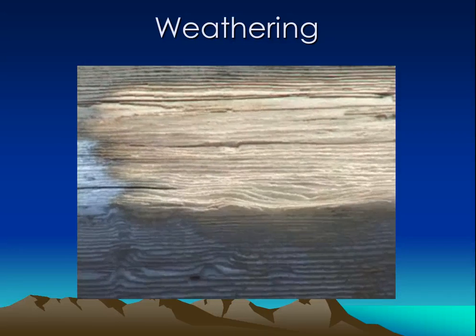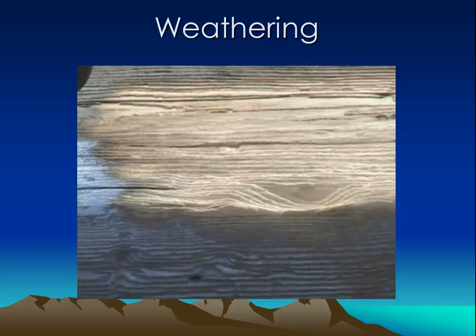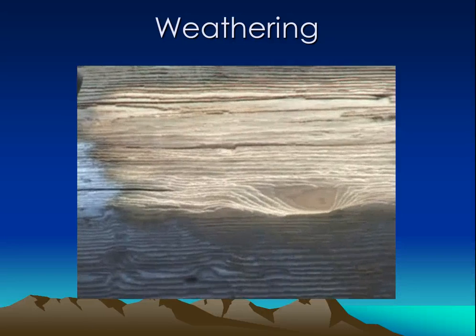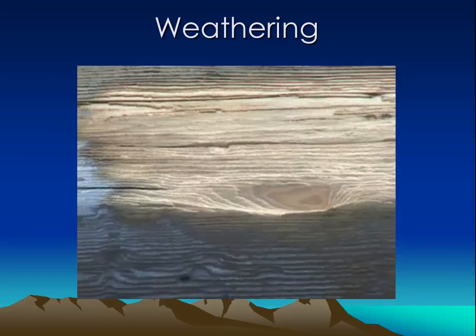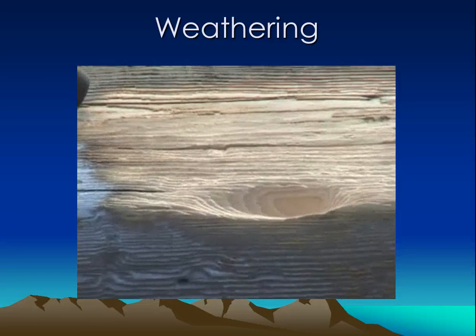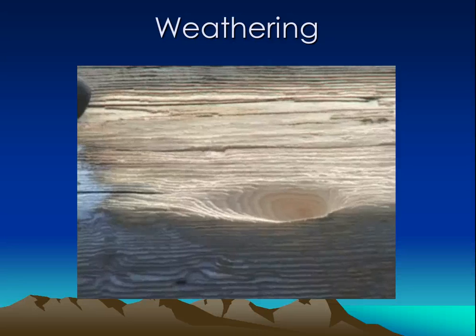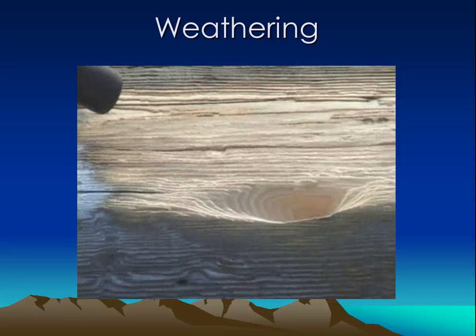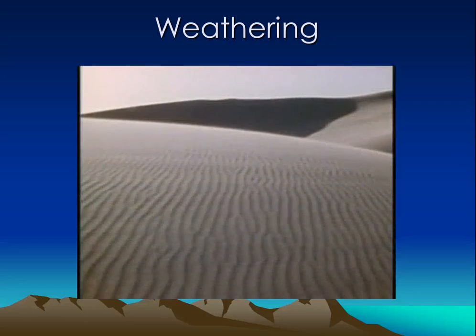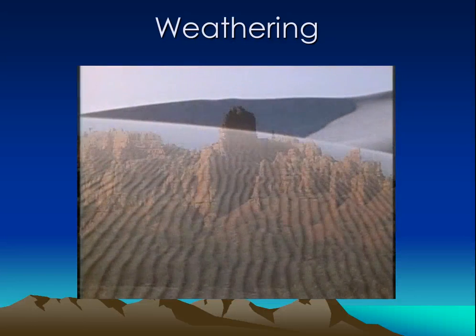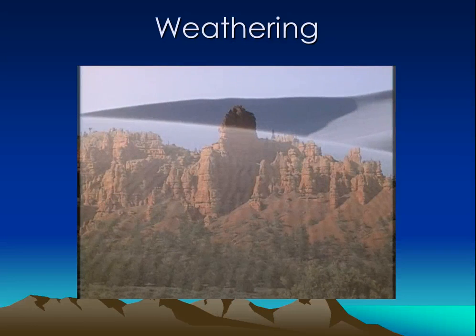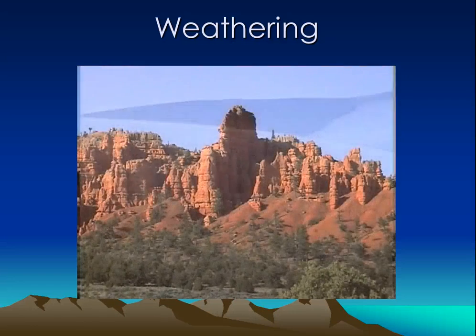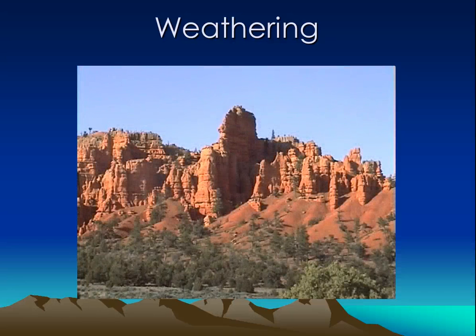Look what sand and wind can do to a soft surface like wood in just a few minutes. Just like that sandblaster, over time, wind can weather away the surface of landforms, changing the way they look.